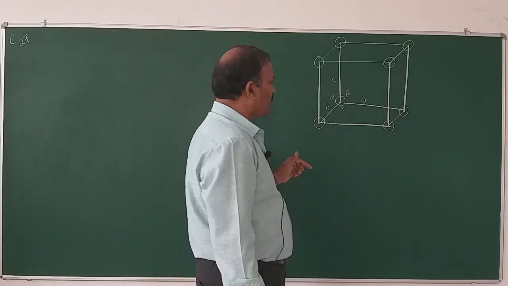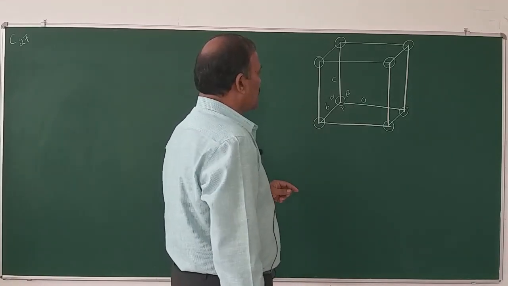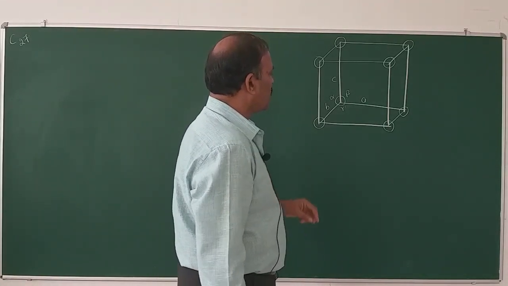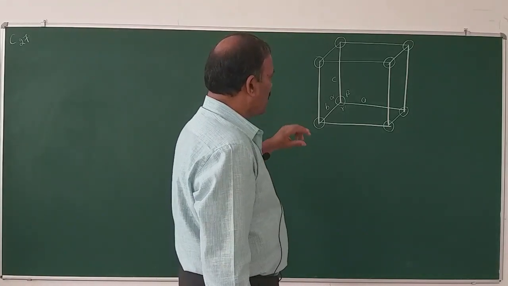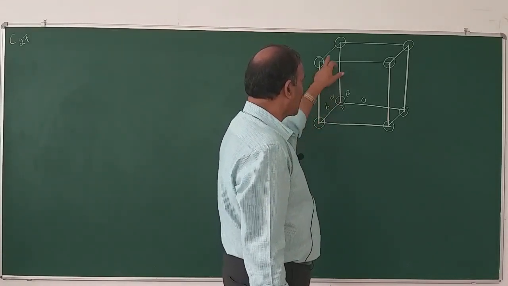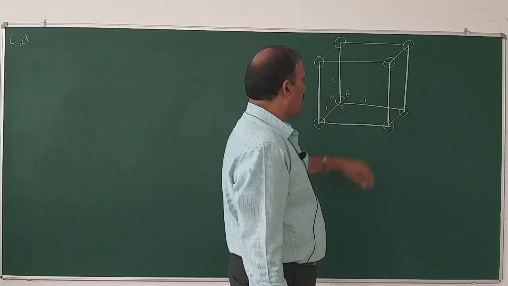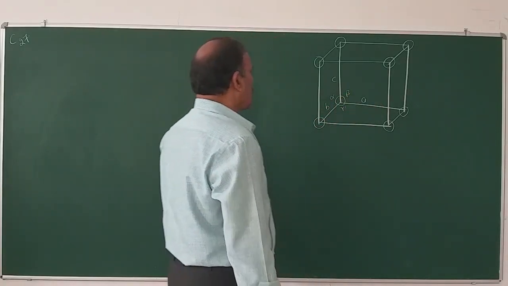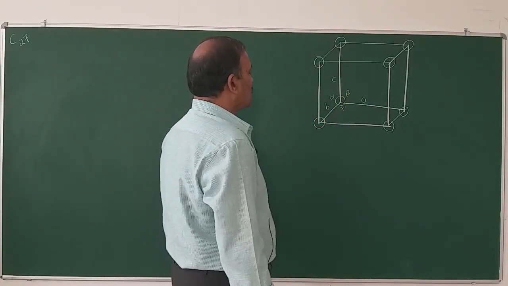The second type of unit cells are centered unit cells or non-primitive unit cells. In non-primitive unit cells, points are present not only at the corners but also at other places.